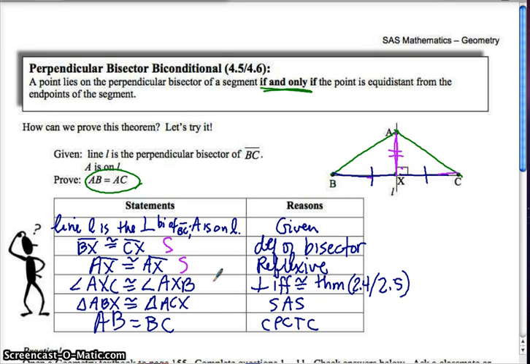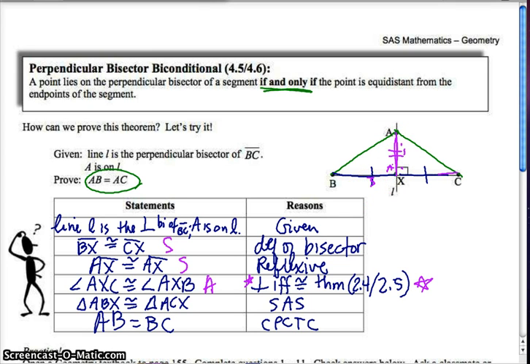Now why is that? This is the thing that was tricky, what is that reason? So look up this reason. Remember the perpendicular if and only if congruent theorem. So it says that perpendicular lines intersect at two congruent angles. Therefore I can conclude these two angles are congruent. So that's an SAS situation here.